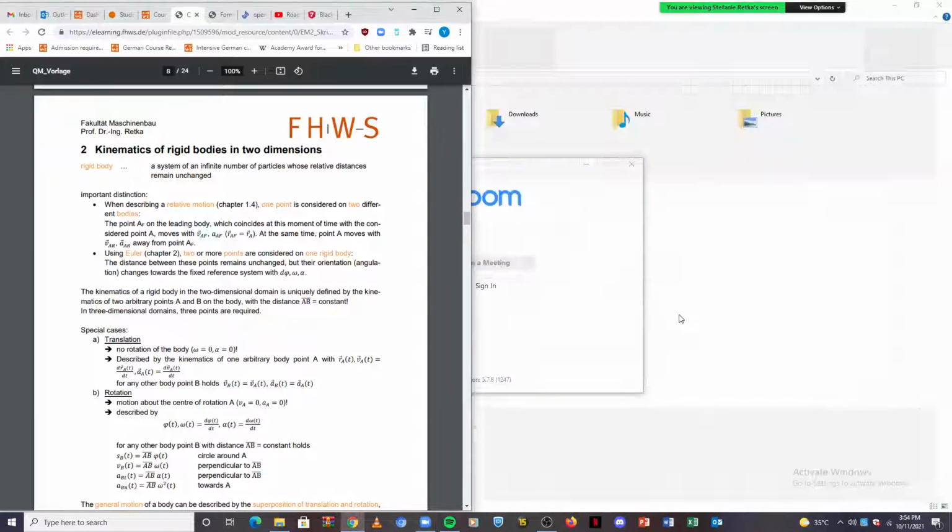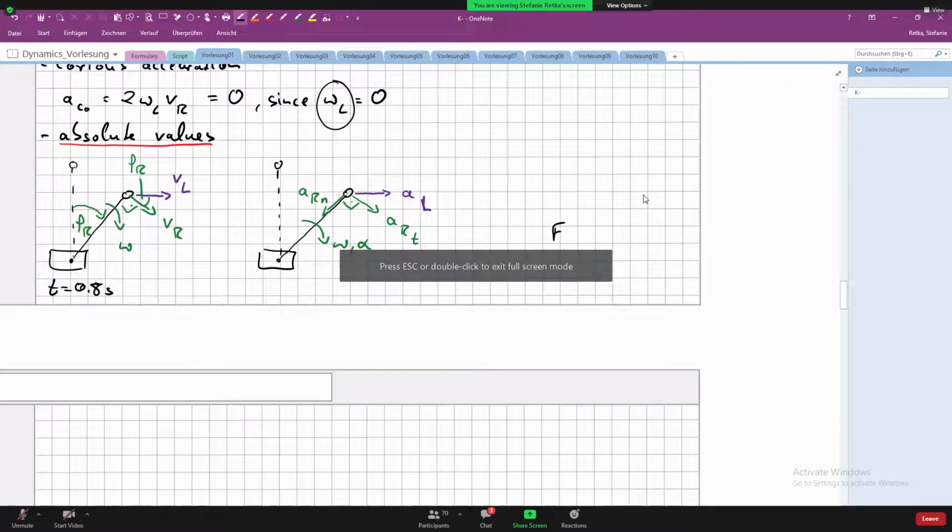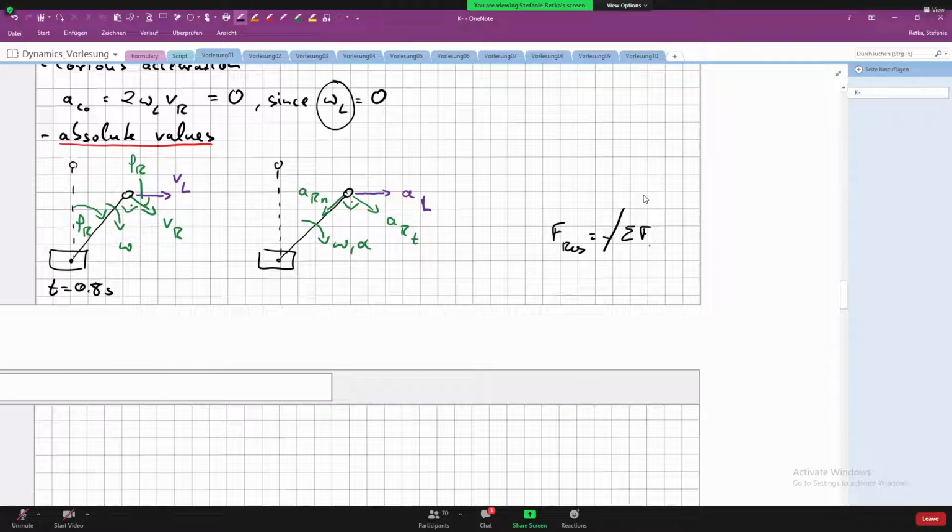Just to remember, the resultant force is the sum of all forces in x direction plus the sum of all forces in y direction, building the squares, adding them, building the square root. We will do the same for velocities and acceleration. But of course, the math behind is the same, as you already know.